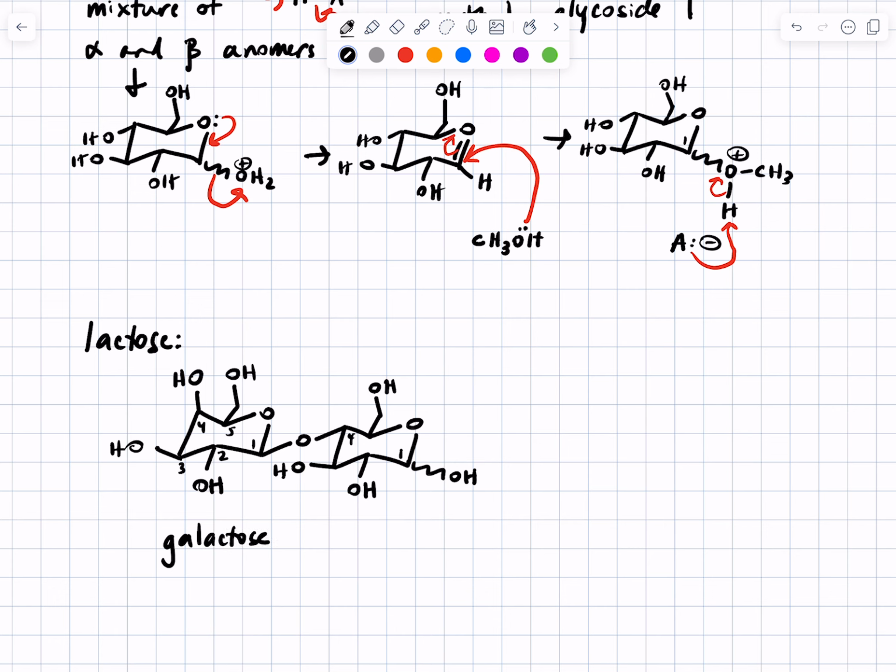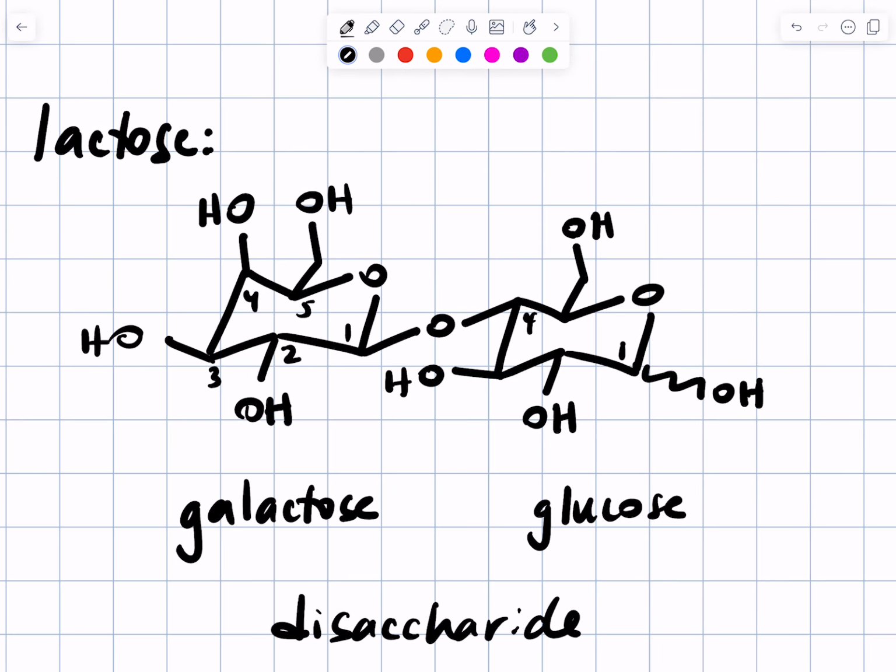You have the cyclic form of galactose on the left-hand side, and then you have the cyclic form of glucose on the right-hand side. So this is a disaccharide because it's got 2 carbohydrate units. We want to talk about this linkage between the 2 carbohydrate units. It's between carbon 1 on the one sugar and carbon 4 on the other sugar.